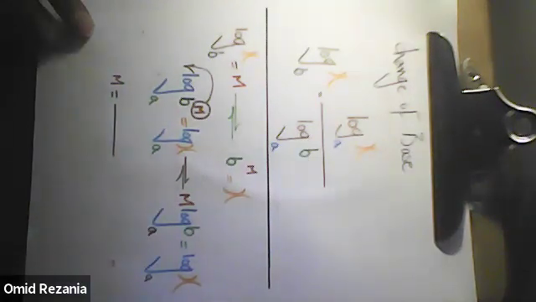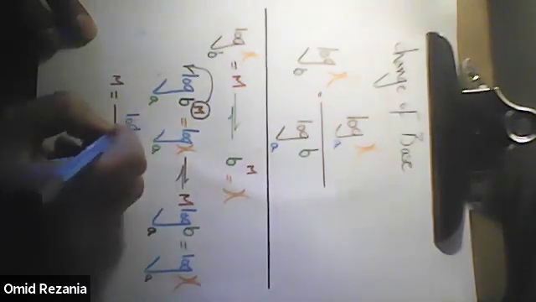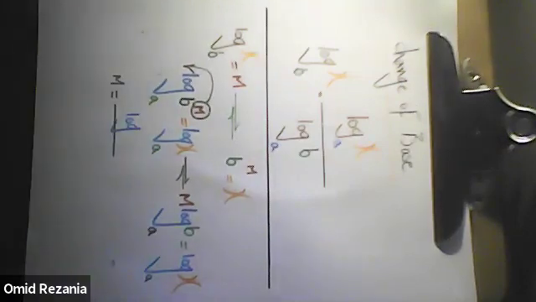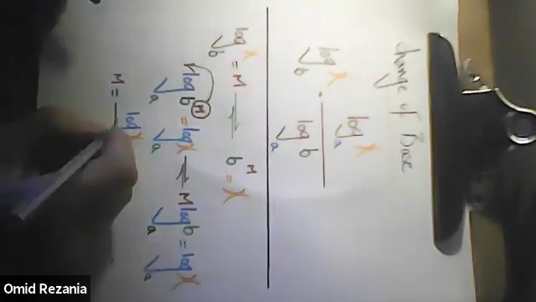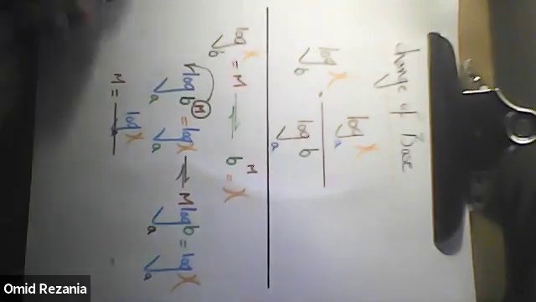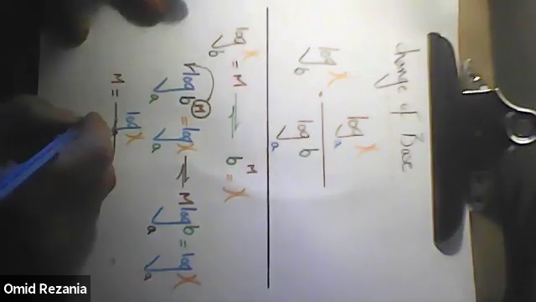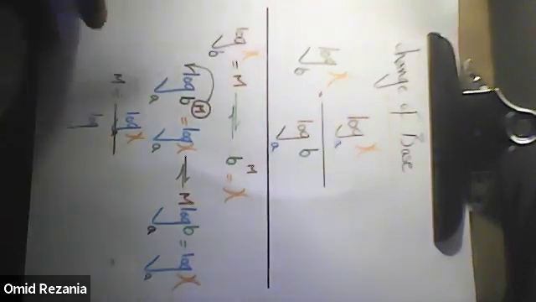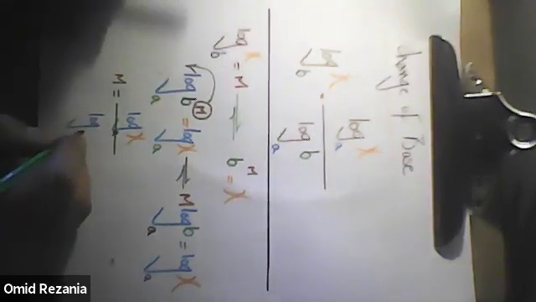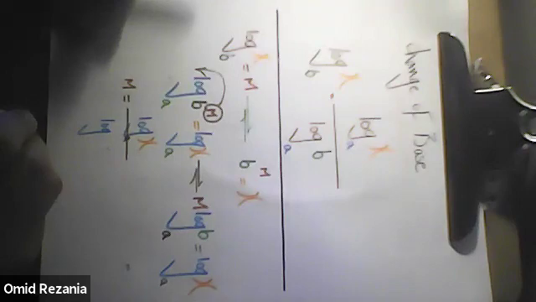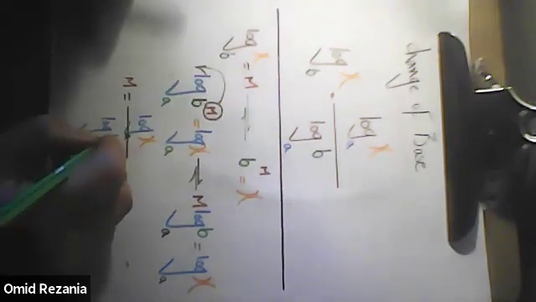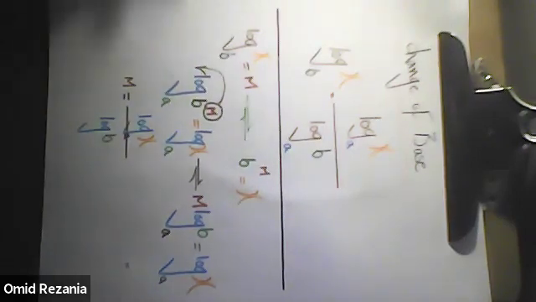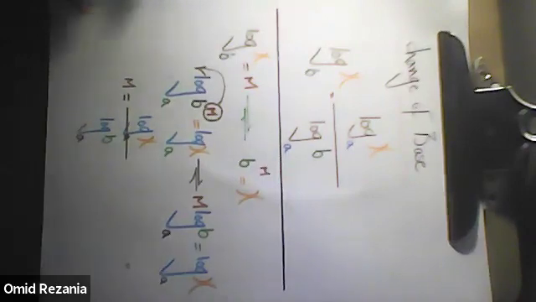From the right side, you have your log of x with the base a. And at the denominator, you have what? You have the log of b with respect to a. Correct? Is it correct, guys?